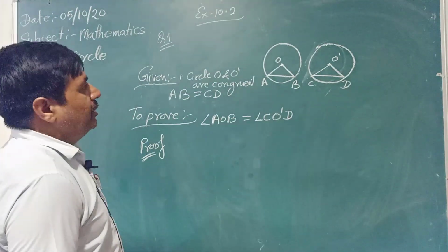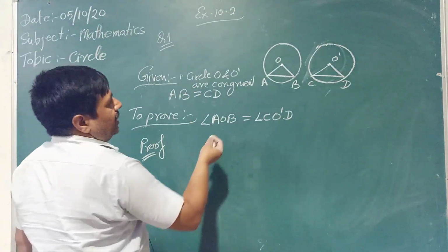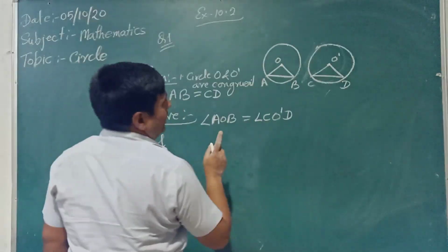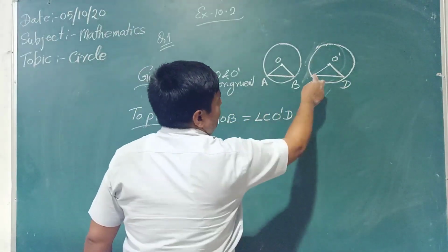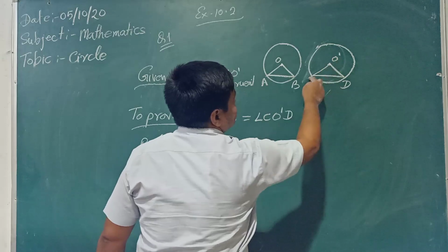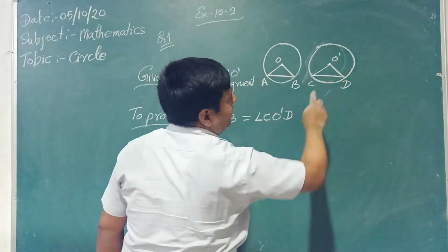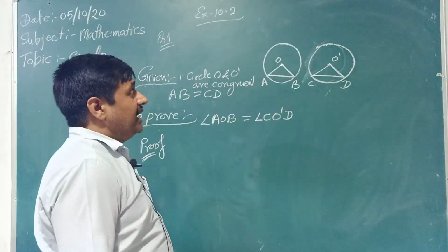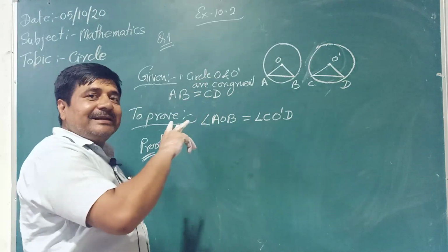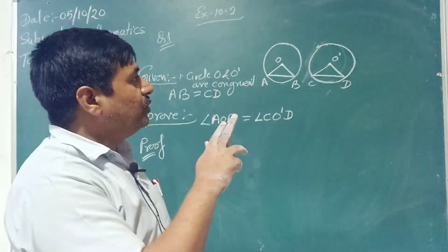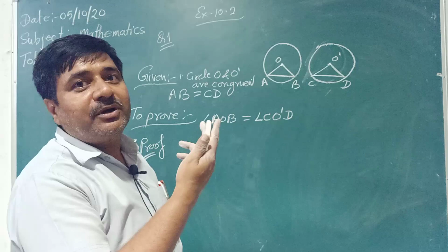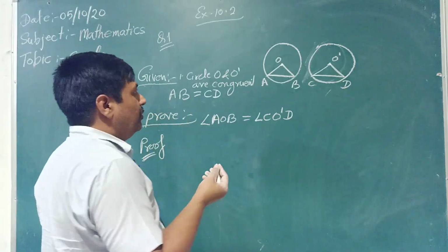OA and OB are radii, O dash C and O dash D are both radii, and both circles are congruent, so the radii of both circles are also equal.